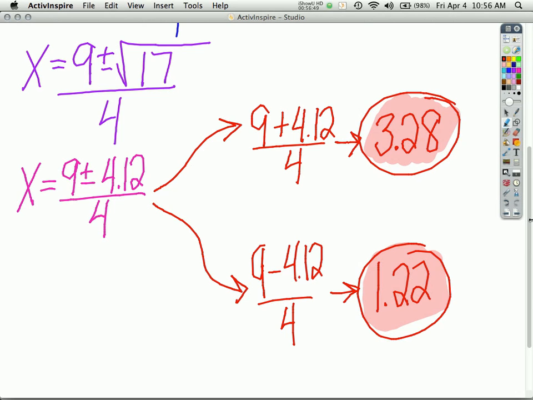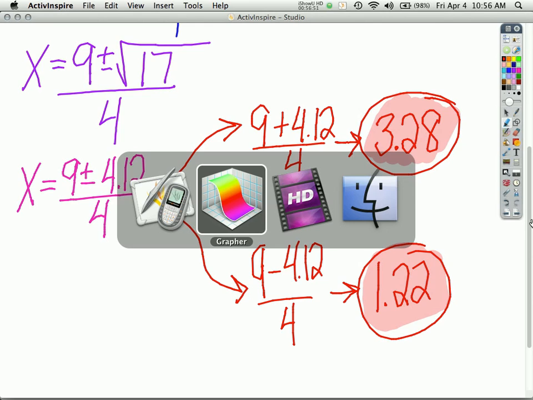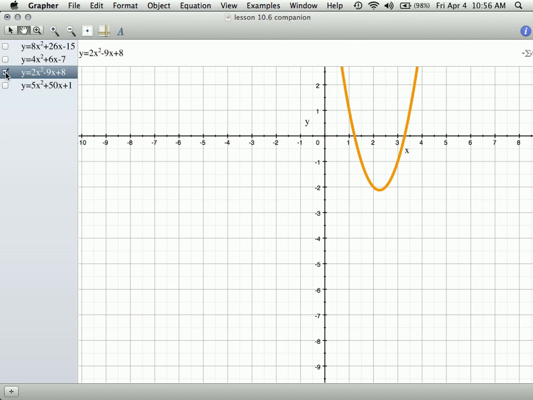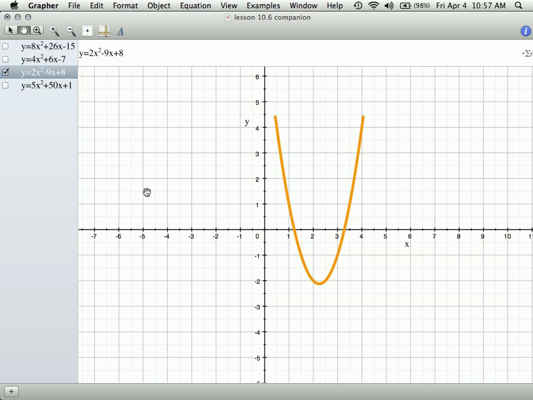Once again, I want to make sure you're making the appropriate connections. Here is the graph of that one. And I am positive that's the correct graph. And so you can see the two locations where it crosses the x-axis, just like Extol reminded us earlier.